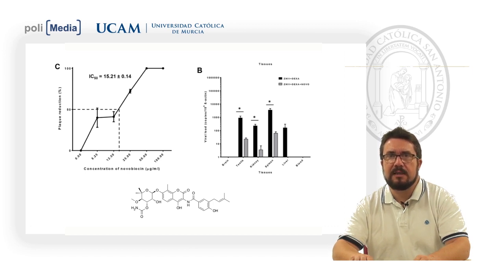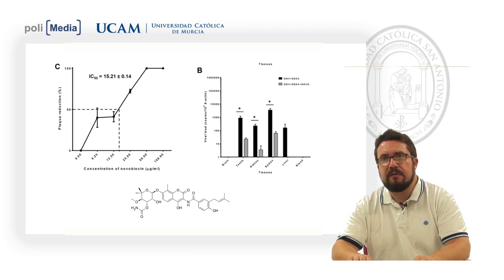It was very interesting. And then our collaborators performed studies in vivo. In mice, there is a Zika model. At the end, on the right side, we can see a figure. On the y-axis, we can see a viral load in logarithmic scale. And on the x-axis, we can see the effect on several different tissues of mice.